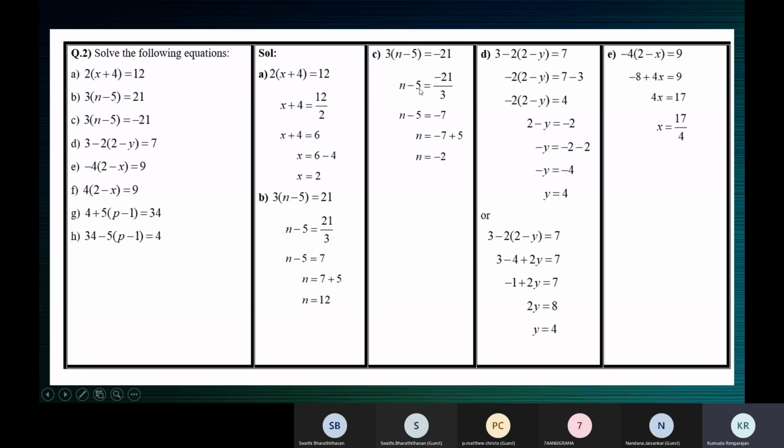N is the variable, and there's a minus. So it will go to the other side as plus 5. When this is multiplication, minus 2 and 2 minus y are connected by the multiplication sign. So here we say divide both the sides by minus 2.